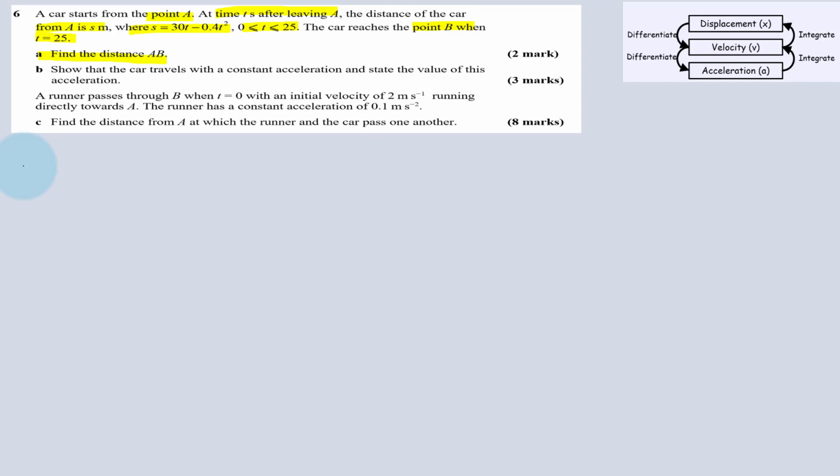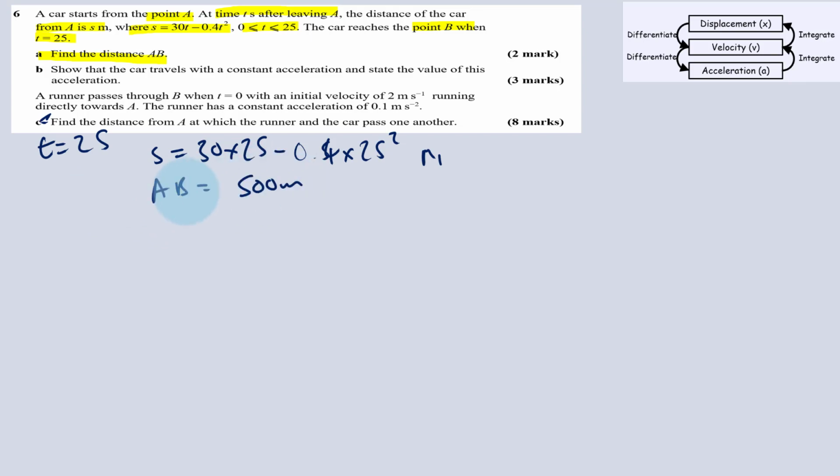So T equals 25, just sub that into S equals 30 times 25 minus 0.4 times 25 squared. That gets you your method mark, okay? So distance A to B must be 500 meters. That's part A done.